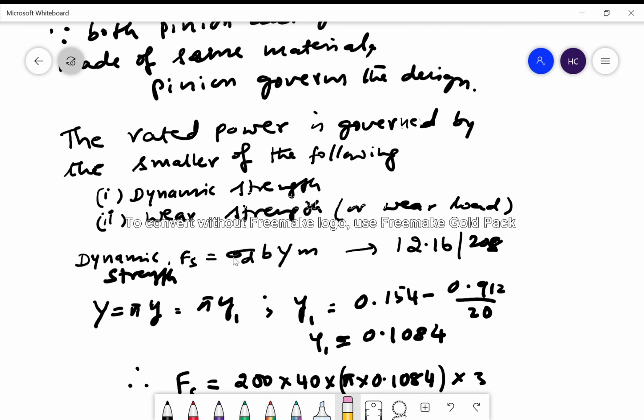Dynamic strength Fs is given as sigma d b Y m, equation 12.16, page 208. Here sigma d is known, b is known, module is given, and capital Y is pi into y1. So y1 is equal to 0.154 minus 0.912 by 20 for full depth involute teeth. 20 is the number of teeth on the pinion, which gives us y1 is equal to 0.1084.